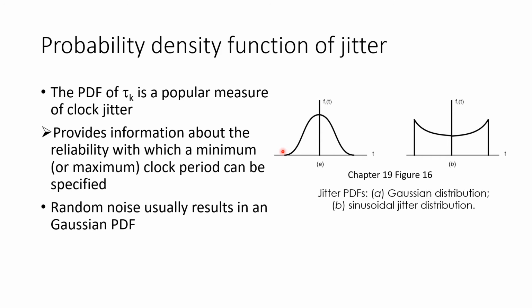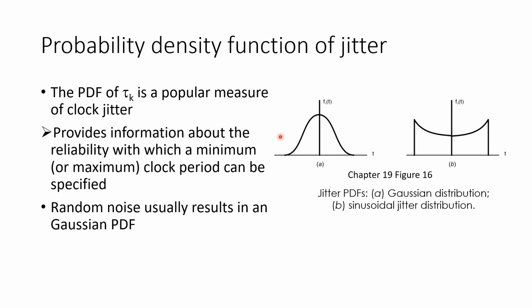Now, if the PDF is Gaussian, then we know that there's a very long tail on Gaussian distributions. So it becomes a matter of probabilities. How often are we willing to tolerate an error in the logic operation? Likely we would want that to occur very, very infrequently, once in the history of the universe or something like that.